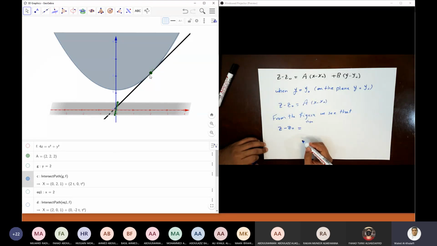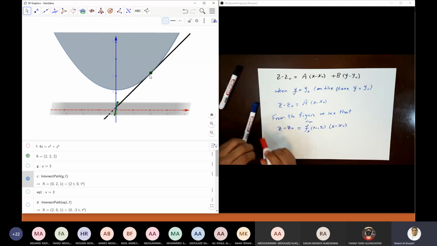Derivative with respect to x, since we fix y. So it is the derivative of f with respect to x, evaluated at the point x naught, y naught, times (x minus x naught).